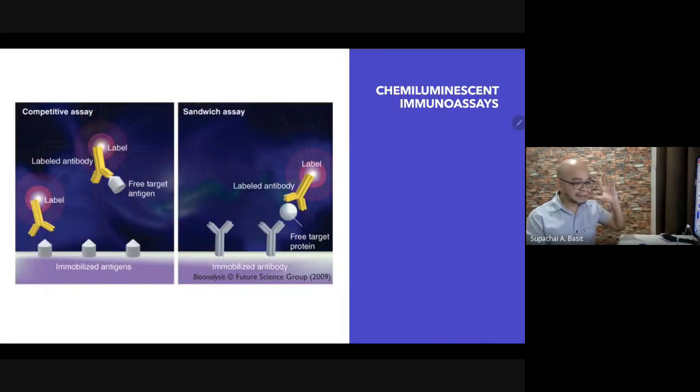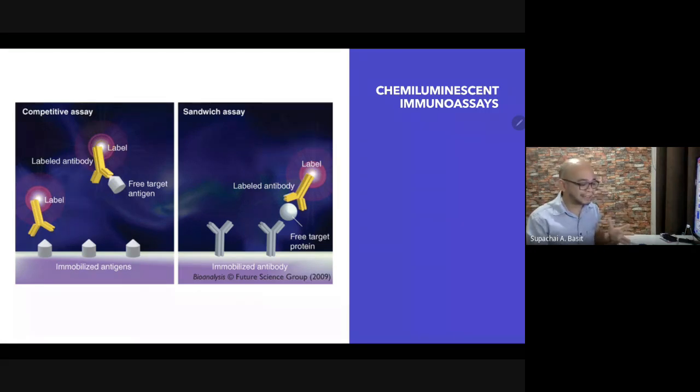So chemiluminescent immunoassay can either utilize a competitive assay, which is used for very minute substances such as hormones, drugs, and vitamins, or a sandwich assay as well. So we can have two platforms just like ELISA.